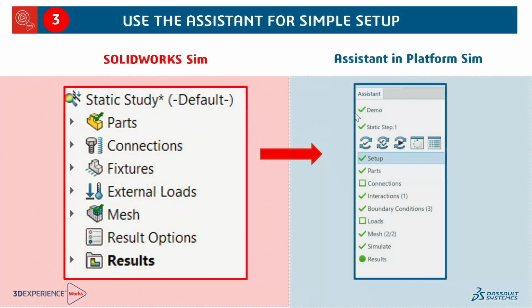For this simulation study, which is fairly simple, you can set up everything with the assistant. Going from SOLIDWORKS Simulation to the platform simulation, we highly recommend you use the assistant. But for simulation studies that are more advanced, more complex, the assistant might not be sufficient.